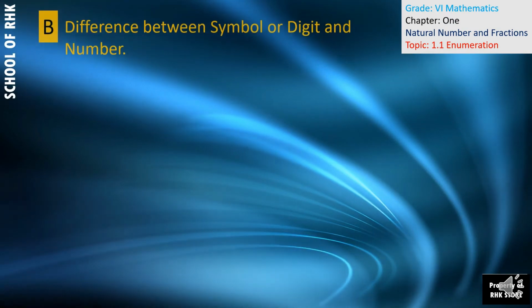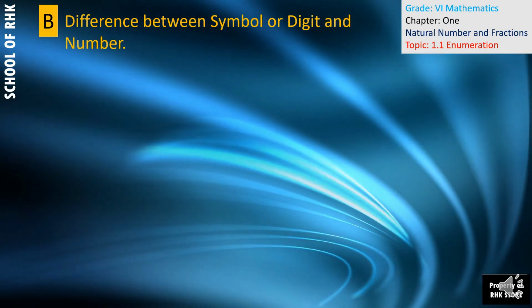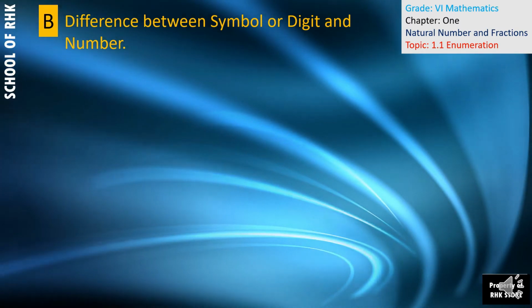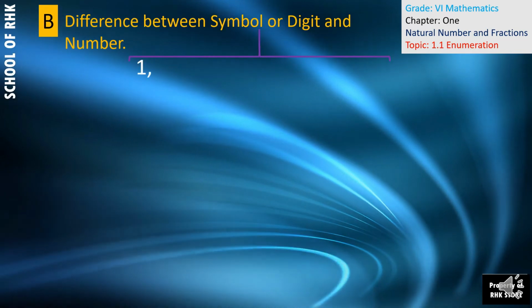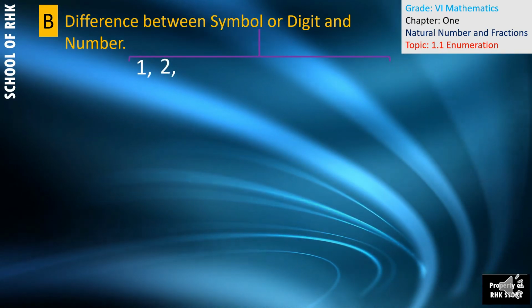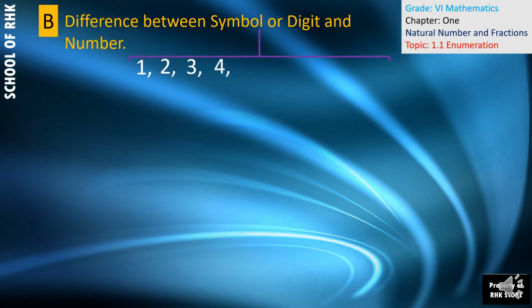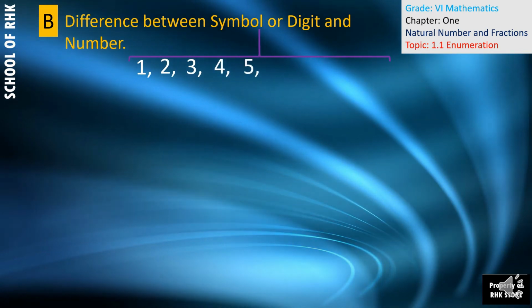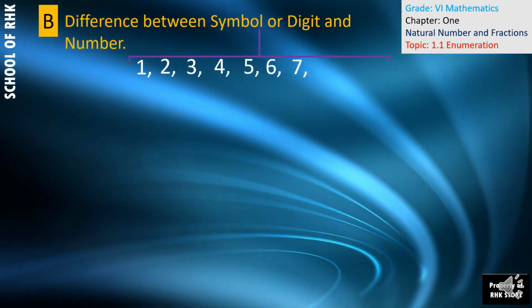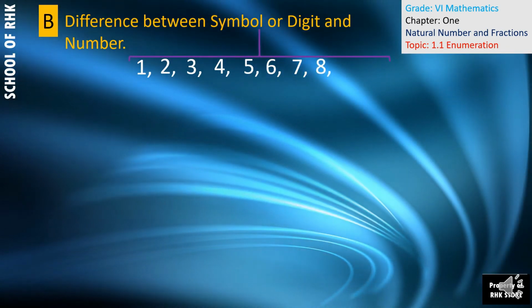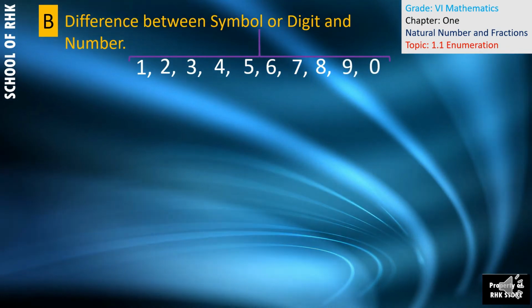The difference between symbol or digit and number. We already know that 1, 2, 3, 4, 5, 6, 7, 8, 9 and 0 are arithmetic symbols or digits.